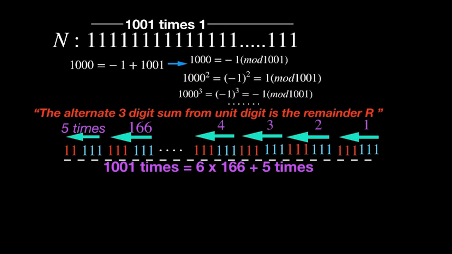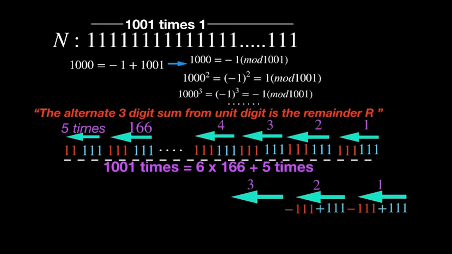So we have to compute the remainder. Now we can compute like this. The first block will take its sign as positive, and then the red colored block will take its sign as negative. Taking the signs, all blocks will be written in this way.